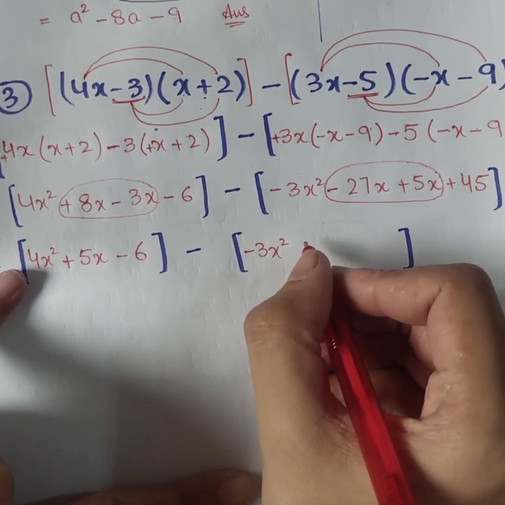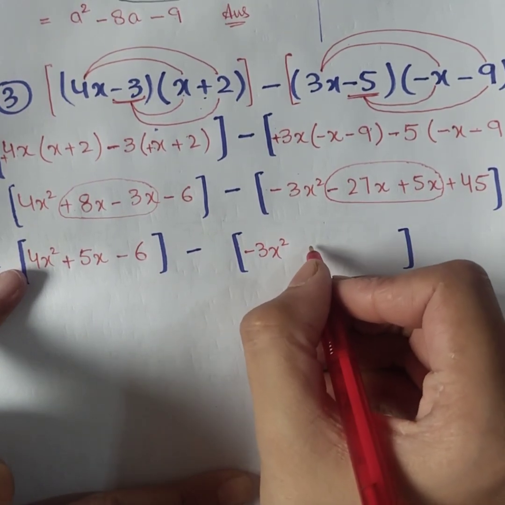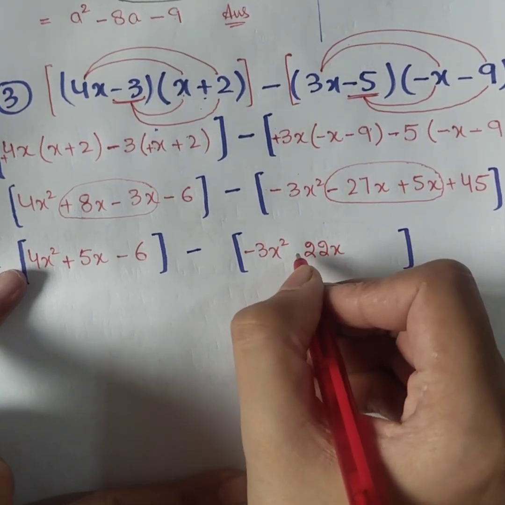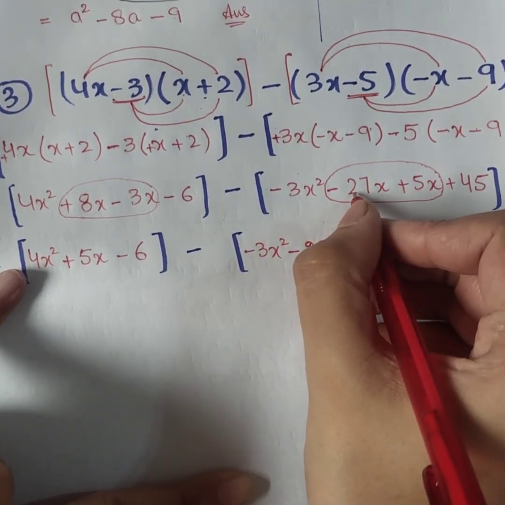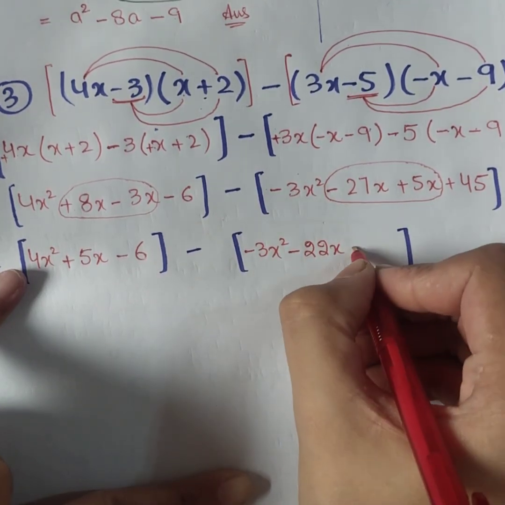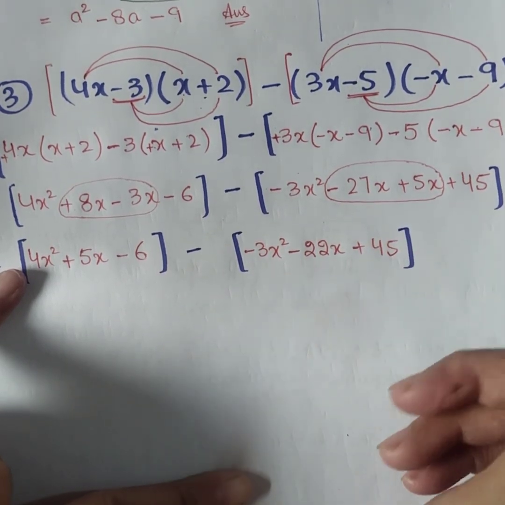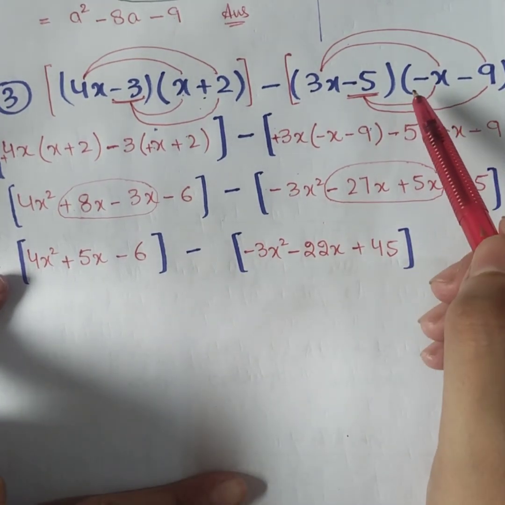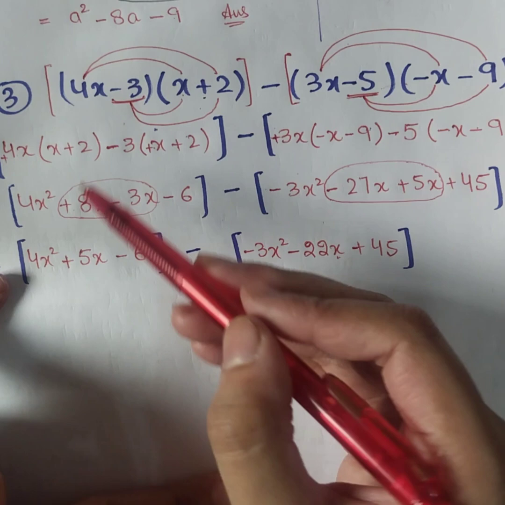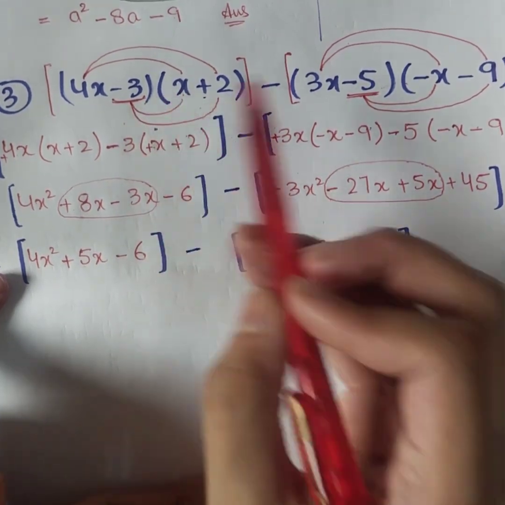When we subtract 5 from 27, we will get 22x, and with the sign of the greater value, 27 is greater, so minus 22x plus 45. This is the resolving, expanding of these two brackets.